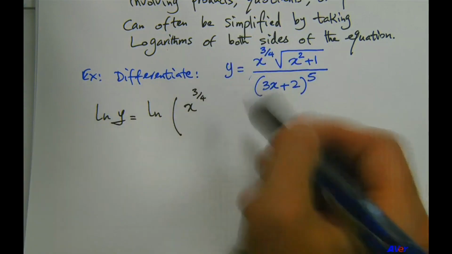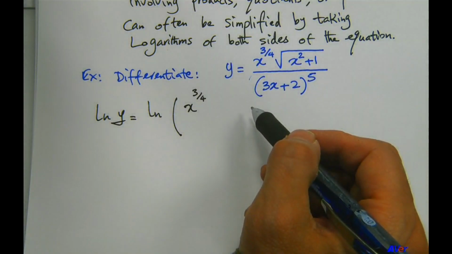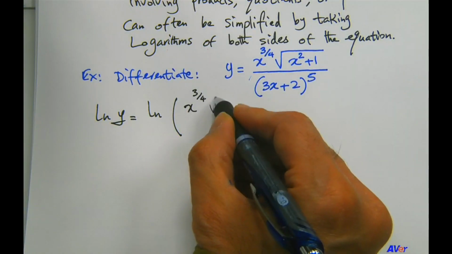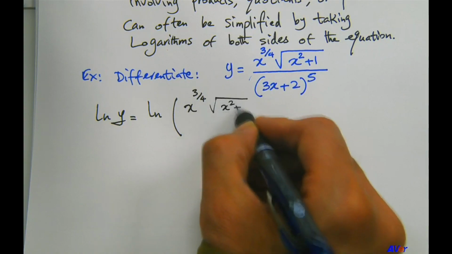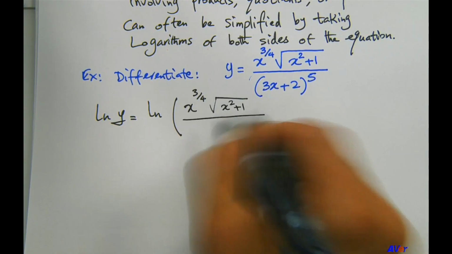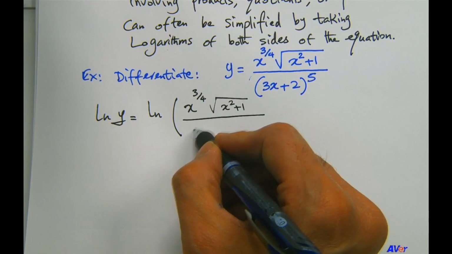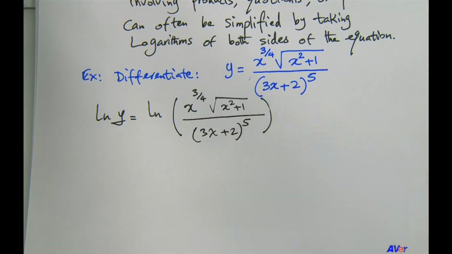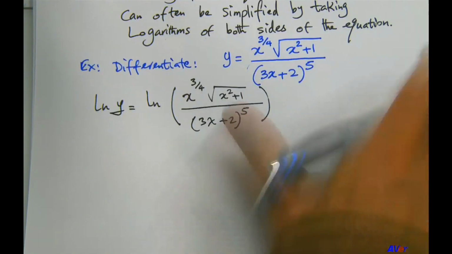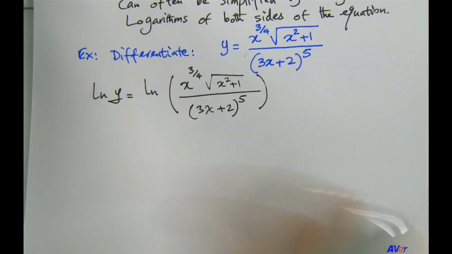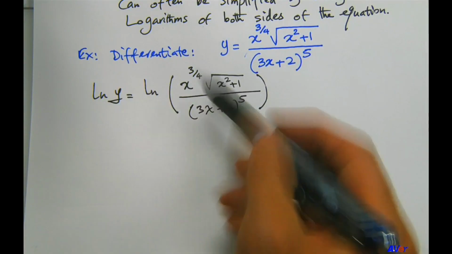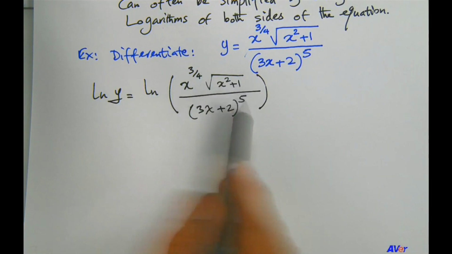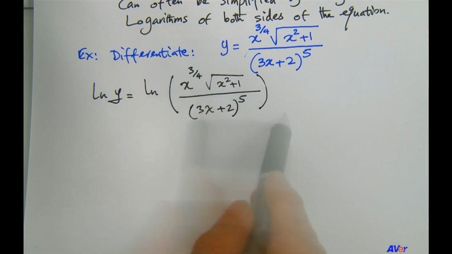So we take the natural log of both sides in this case, natural log of x to the 3/4 times the square root of x squared plus 1, divided by (3x plus 2) to the 5th power, like that. Okay. So now we know that we can write this right-hand side in terms of the difference between these expressions, right?